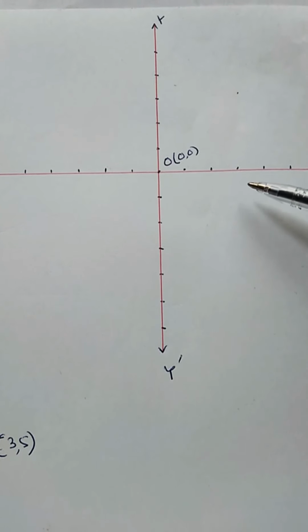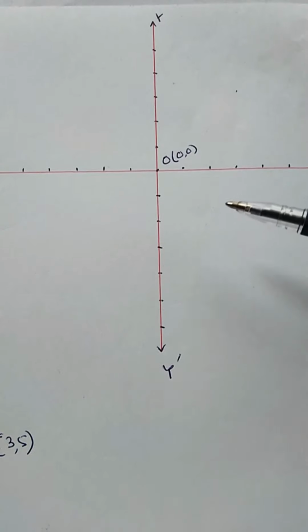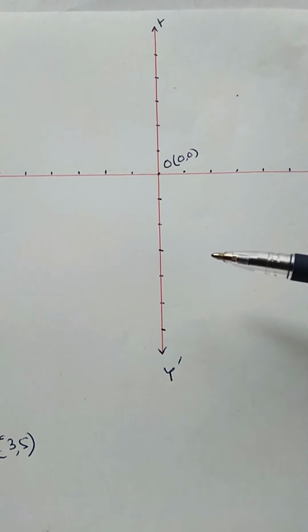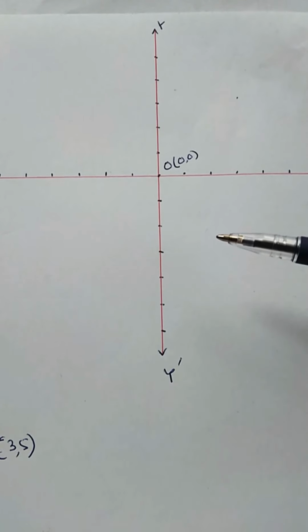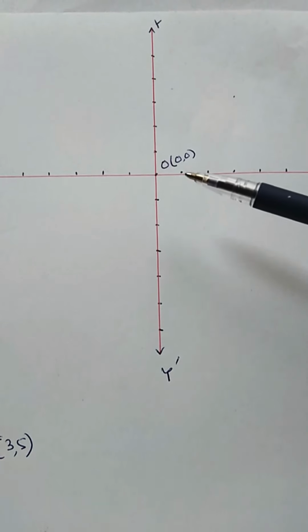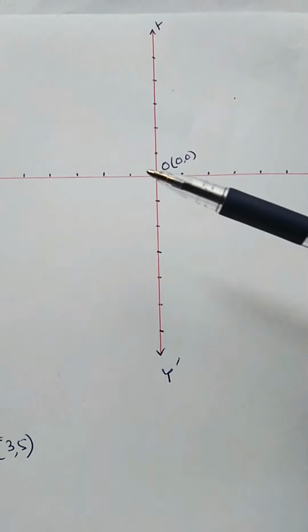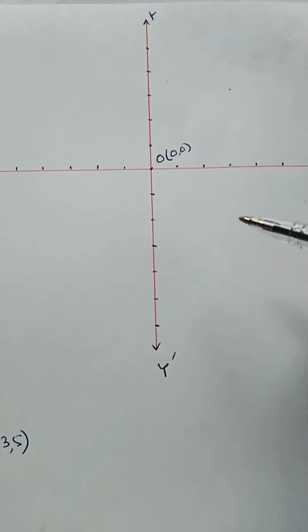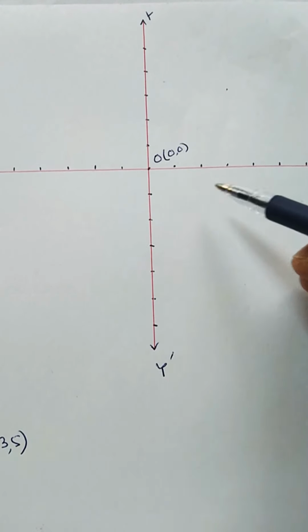It will depend upon the values that you are going to plot in that particular coordinate plane. So we will have to decide ourselves what unit we assume in one Cartesian coordinate plane. So here let us take each unit as 1.